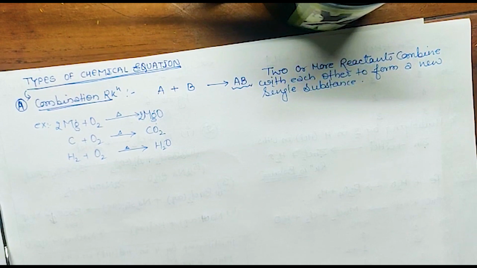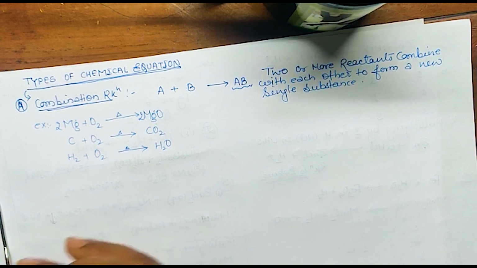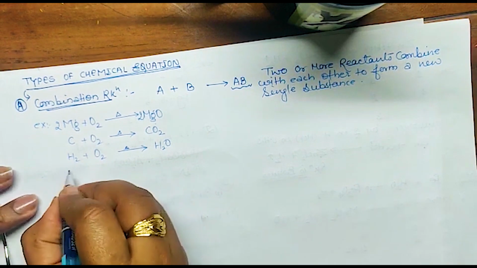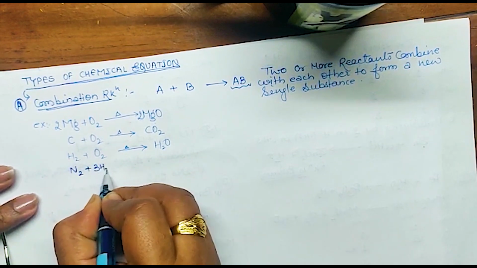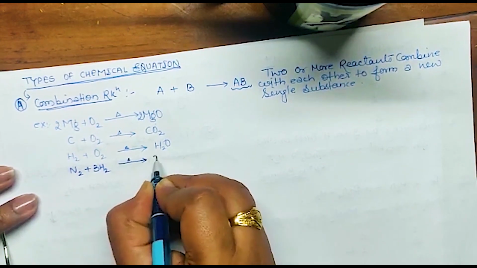In this combination reaction, one thing I want to explain is the combustion reaction. There is a combustion reaction and a combination reaction, so be attentive for this. N2 plus 3H2 will give you 2NH3.